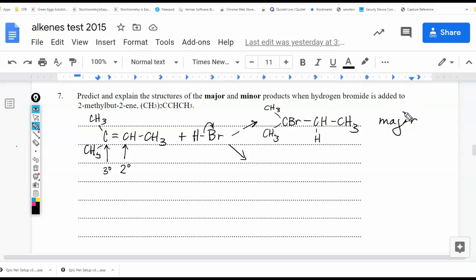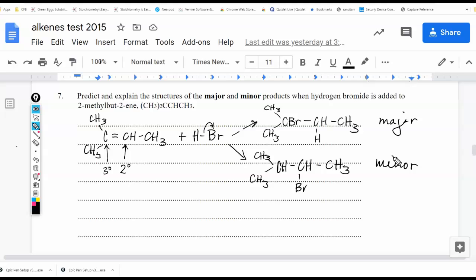Our minor product is going to be the one where that happens oppositely. So we would end up with CH3, CH3. We would have this becoming the CH, and this becoming the CH with the Br over here, and then the CH3, and this would be our minor product. And here's where you have to explain, predict and explain the structures of the major and minor products.